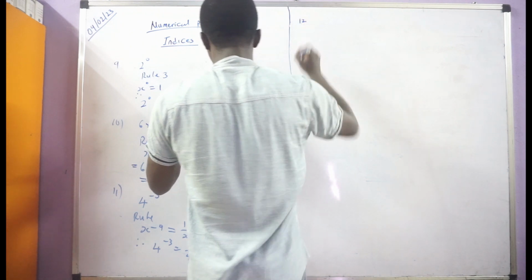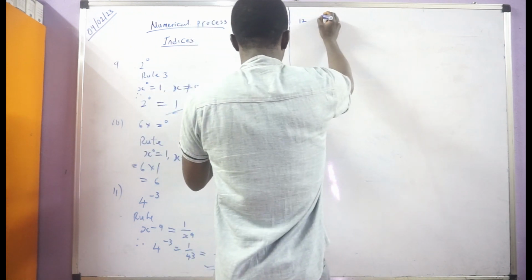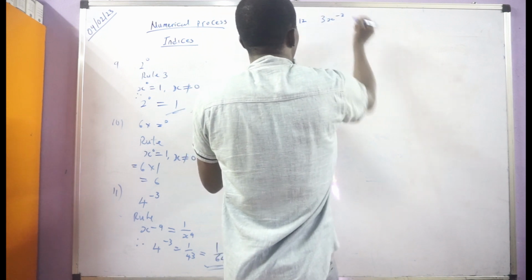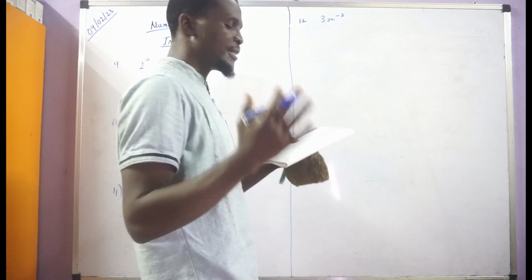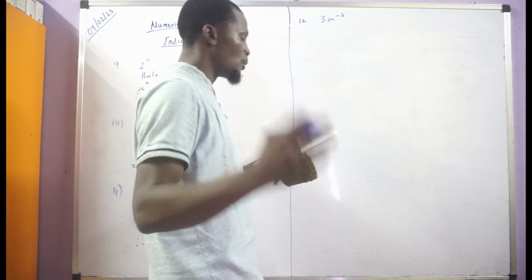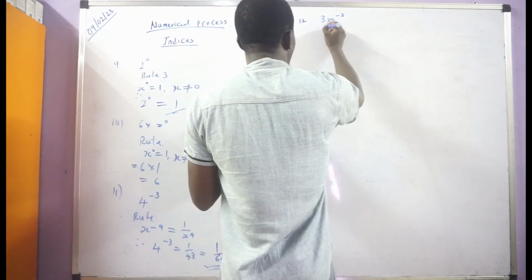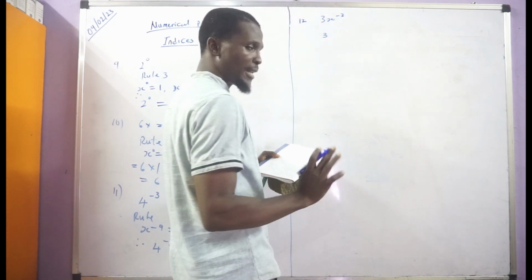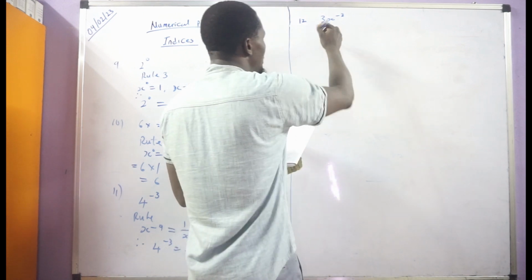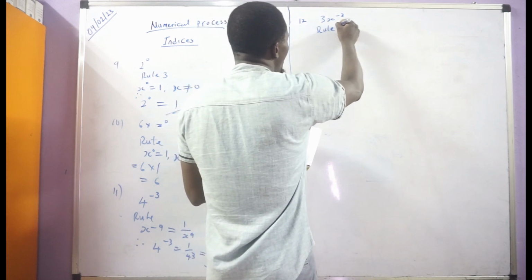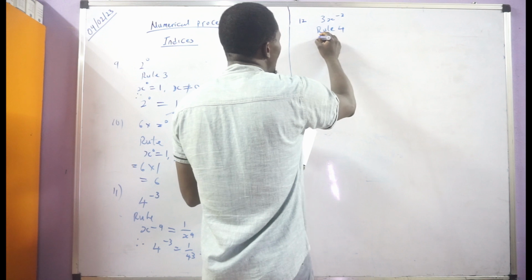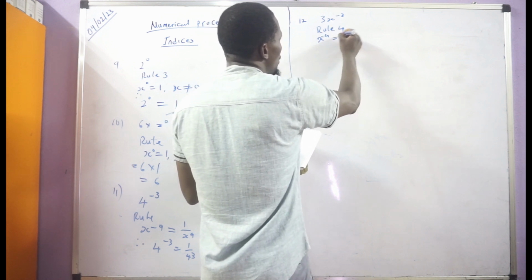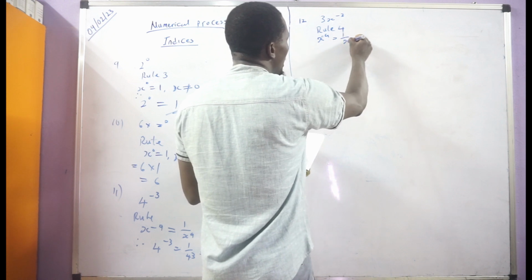So let's go to number 12. Question number 12 is 3 raised to power x minus 3. We are going to use the same rule. Let's write the rule. Rule 4, which is x raised to power minus a equals 1 over x raised to power a.